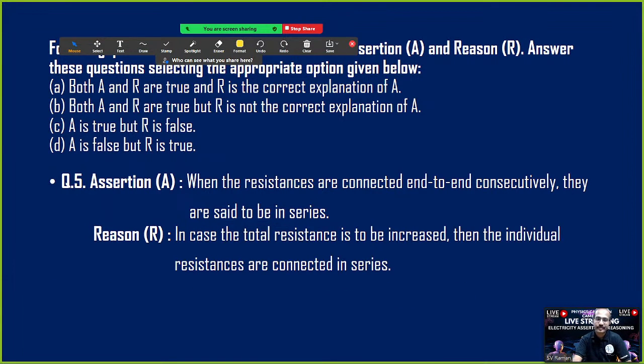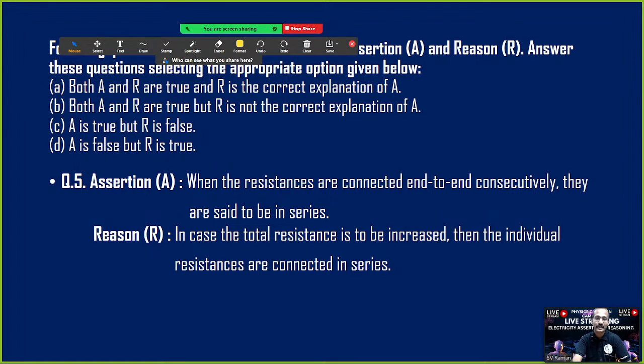Next question. When the resistances are connected end to end consecutively, they are said to be in series. Reason: in case the total resistance is to be increased, then the individual resistances are connected in series.